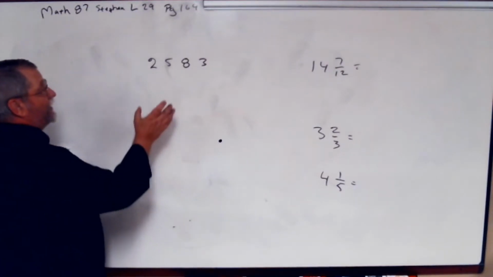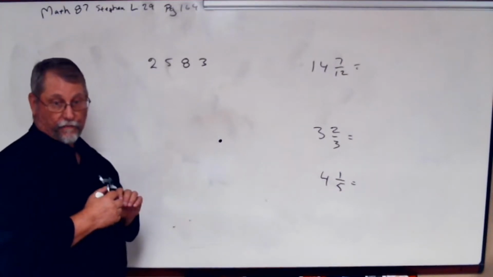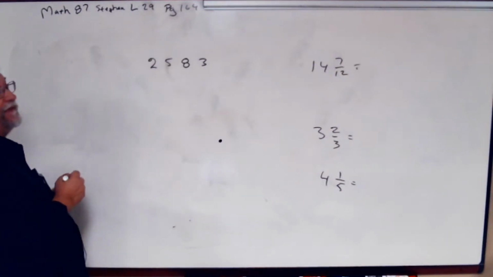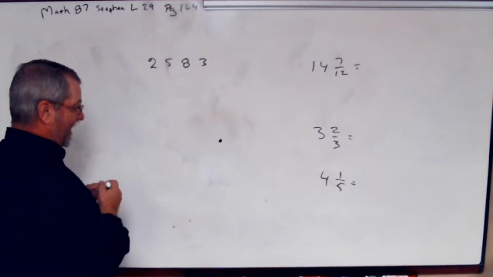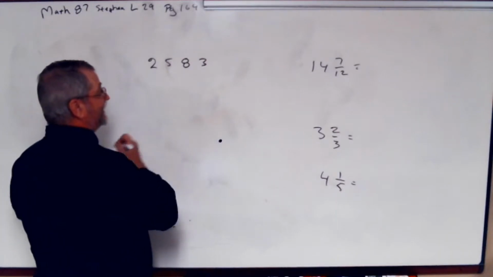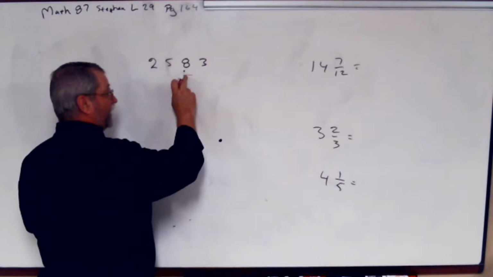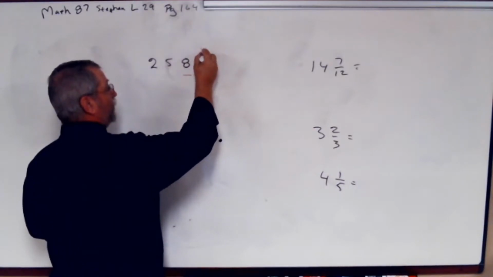If I'm rounding this number here, I have to know where I'm rounding it to. Okay, if I said I want this rounded off to the tens place, well, what number is in the tens place? It's right here. What I want to do is find the number I'm working on. This is the number I'm working with.